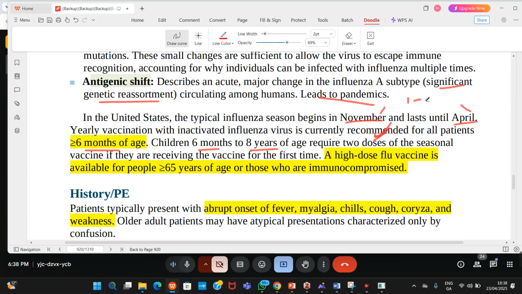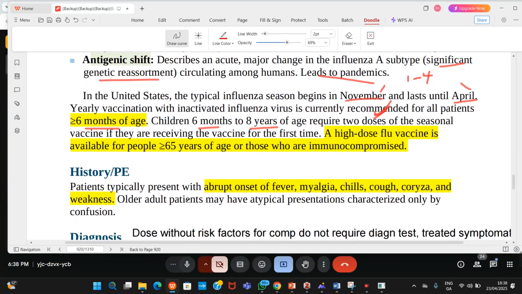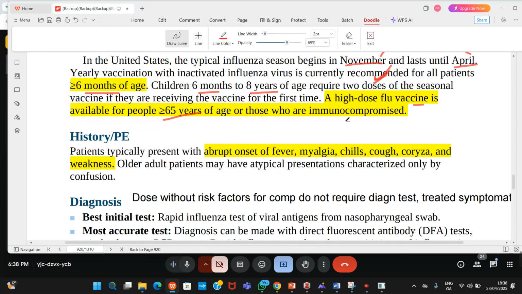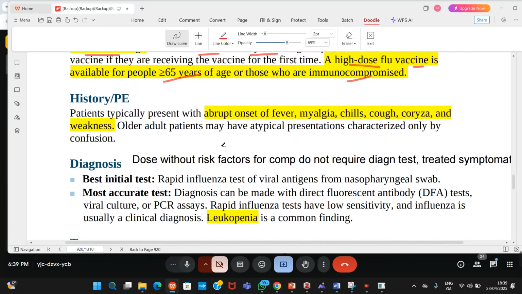MMR vaccine is 2 doses, 1 to 4 years. Influenza, 2 doses, between 6 months and 8 years. Anybody older than 65, you also have to give them the vaccine. Very, very important. If they are immunocompromised, you have to give a very high dose flu vaccine.